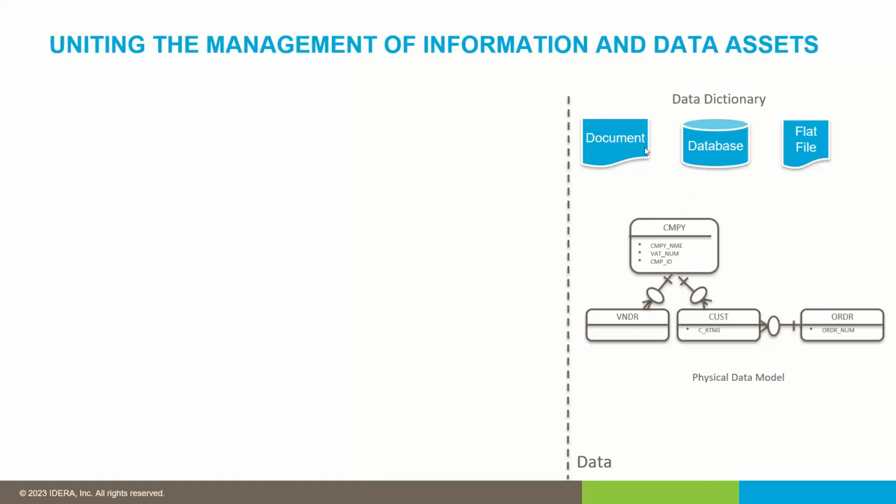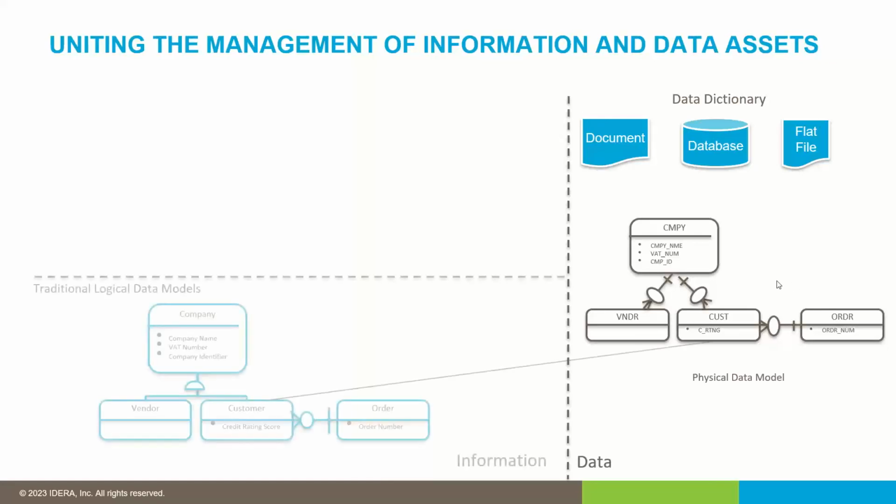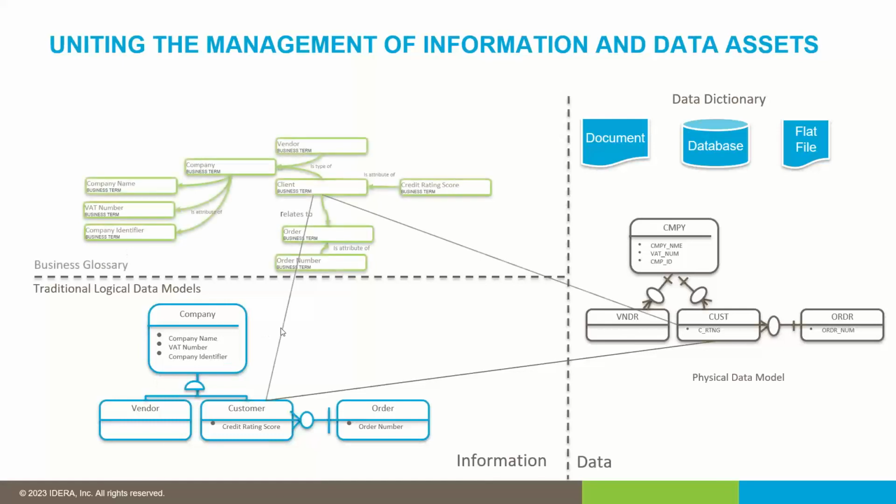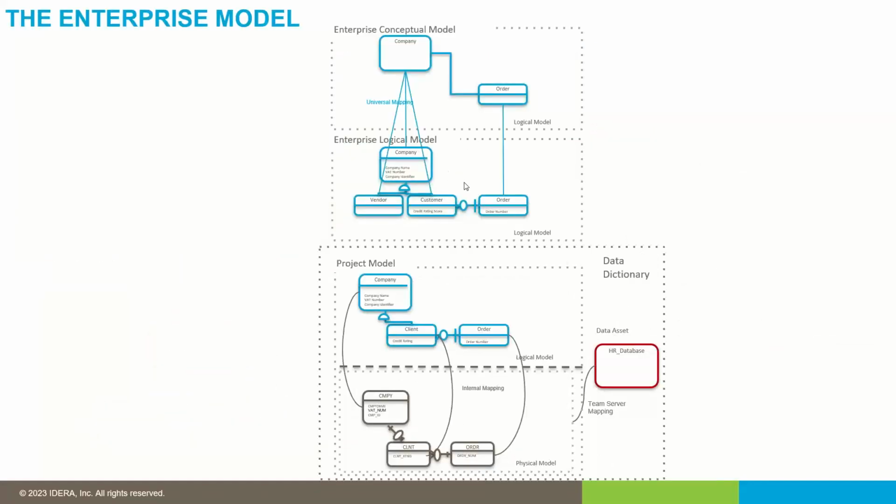We can do the same with a JSON file, a CSV file, and so on. When we generate this physical model, we will also be able to generate the logical data model. And we can also manage glossaries with terms, and we can link all these terms and all these different objects together.